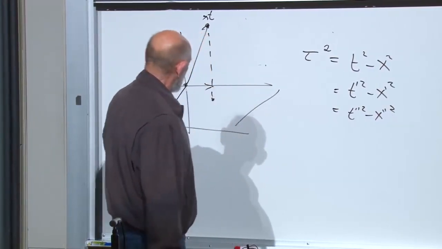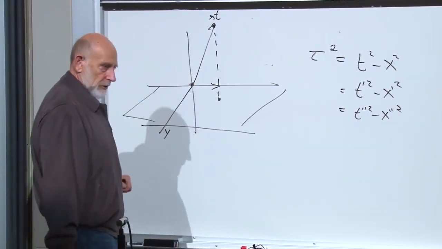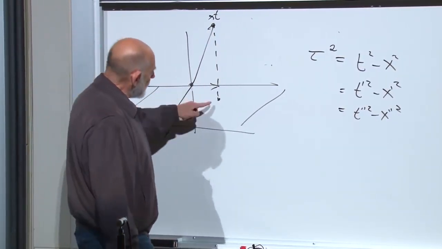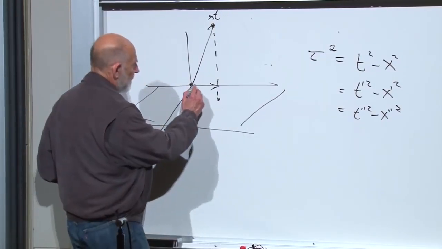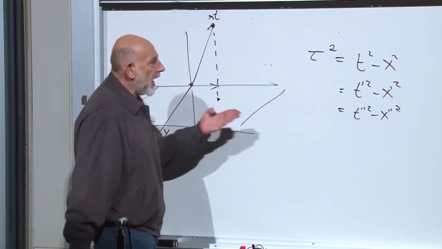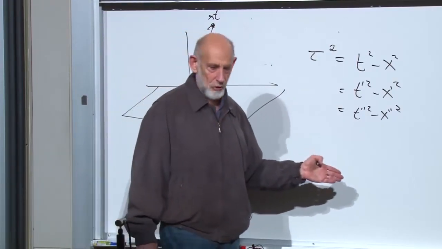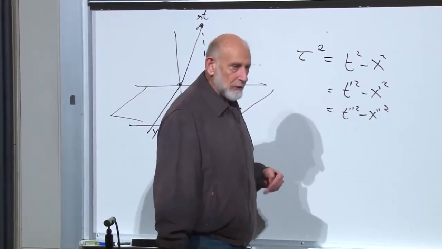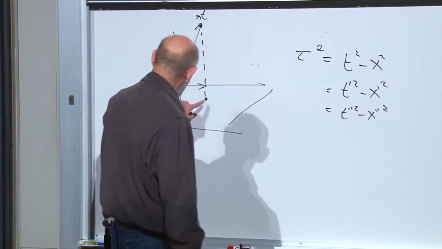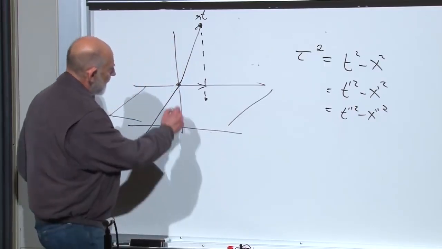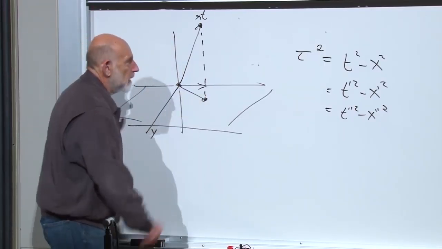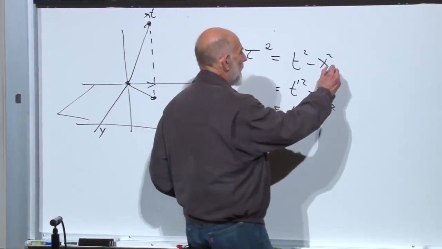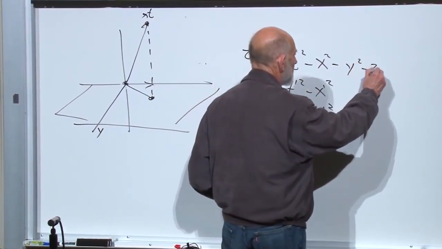If it's not located on the x-axis and we make a rotation, then what was originally x squared becomes x squared plus y squared plus z squared, the spatial distance between the origin and this point over here. This really becomes minus x squared minus y squared minus z squared.